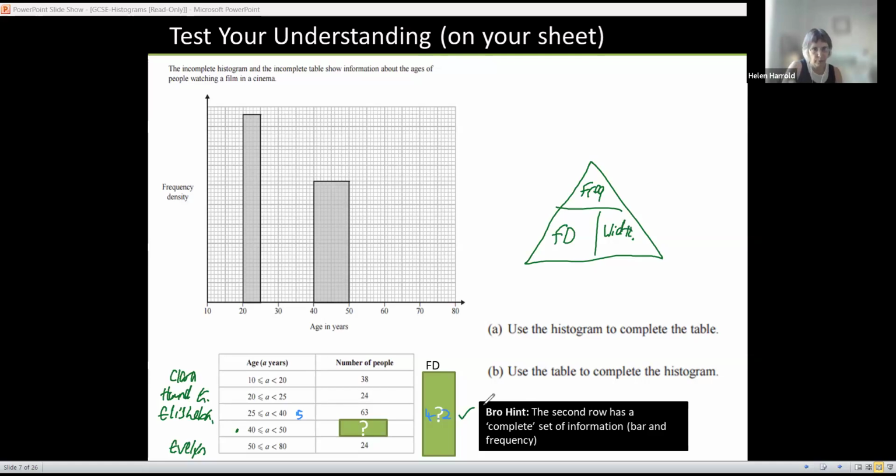Okay, so for this one here, we've got the class. So what's the class width, Hannah?